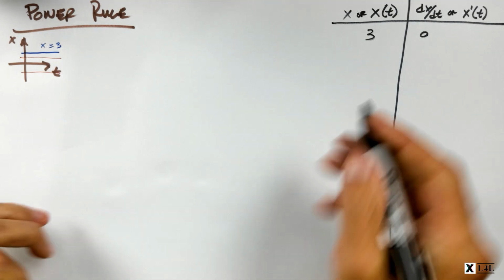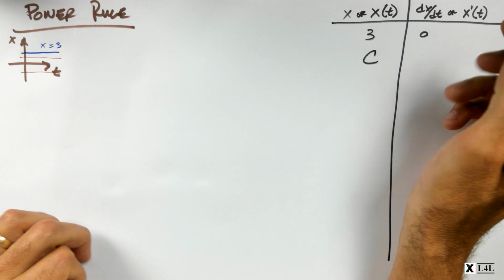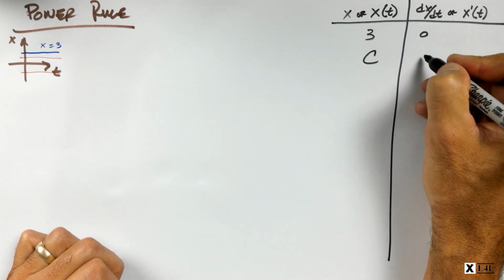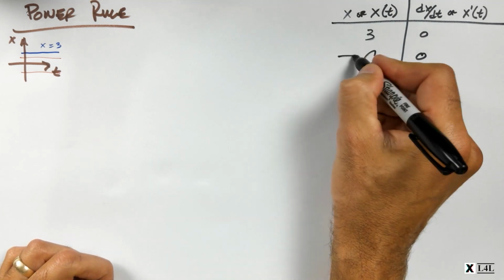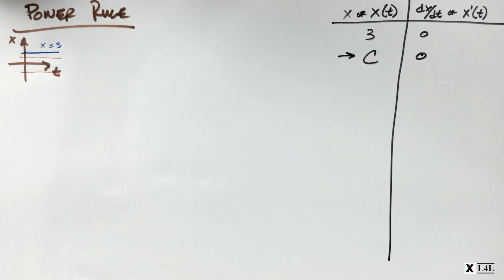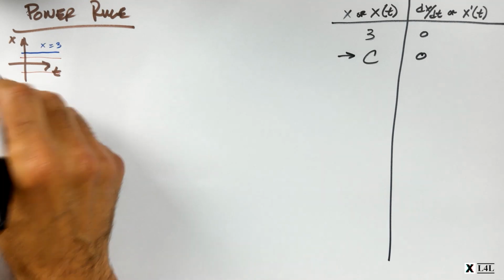What we're seeing here is that any constant, I'm just going to call it c, has a derivative, or a slope, of 0. So this is called the constant rule. Anytime you take the derivative of a constant, it is going to be 0. All right, well, that's good.